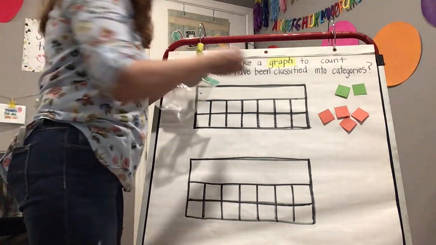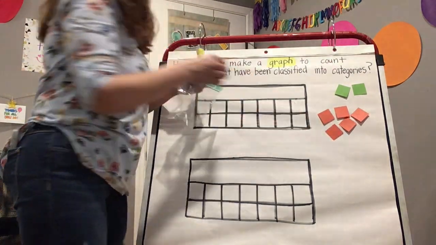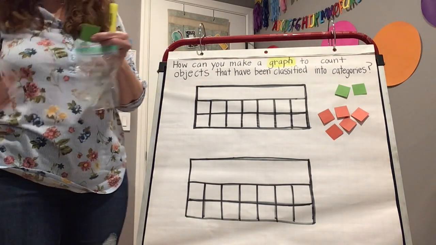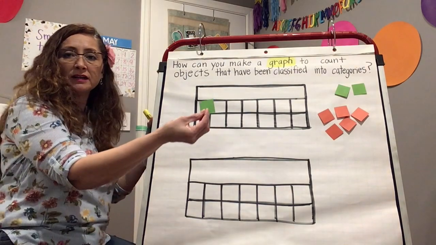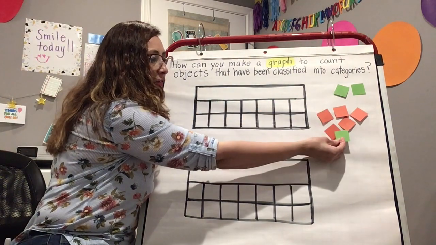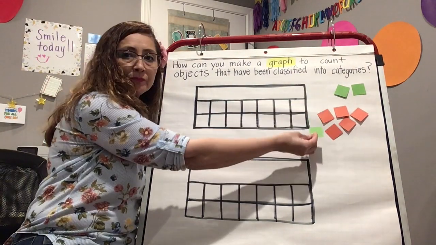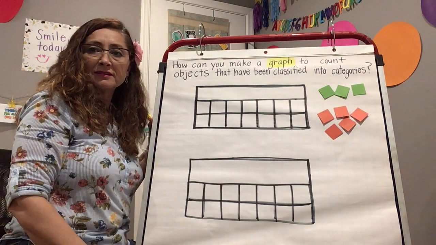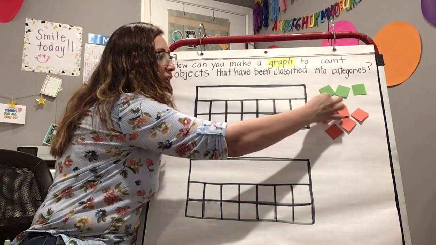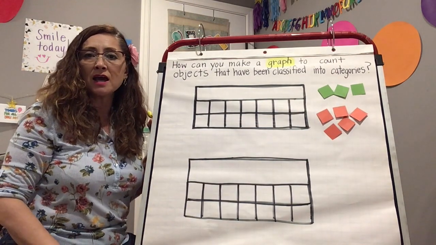Very good. And I have another one here, and I have one last one, and it happens to be what color? Green. So does it go with the orange group or the green group? That's right. Why does it go with the green group? That's right, because I am sorting it by color.